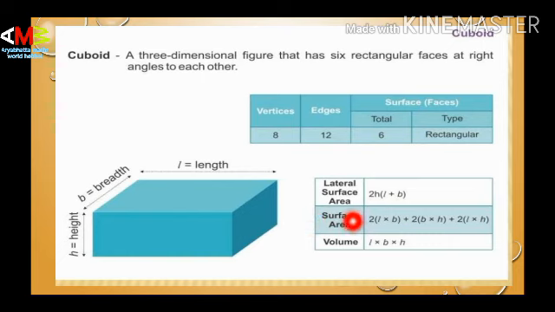Total surface area is 2LB plus 2BH plus 2LH, where L is length, B is breadth, H is height. Volume of a cuboid is L into B into H, LBH. So, a cuboid has 3 formulas.